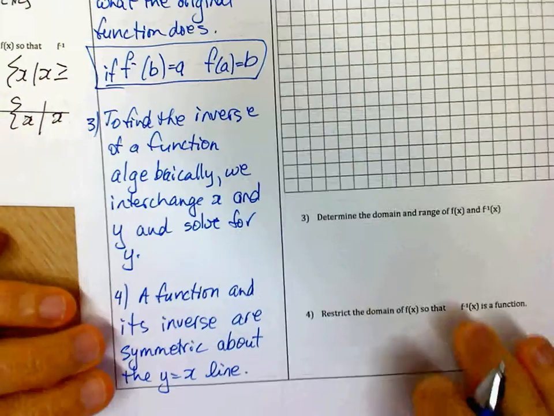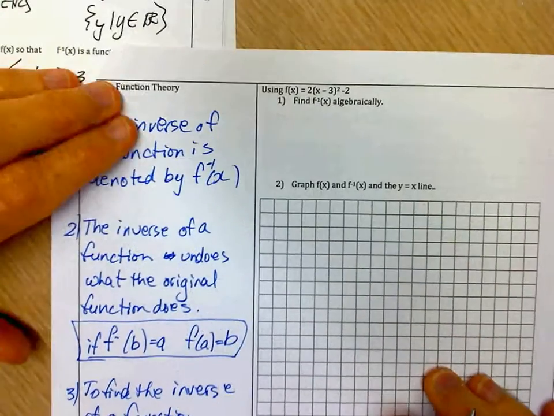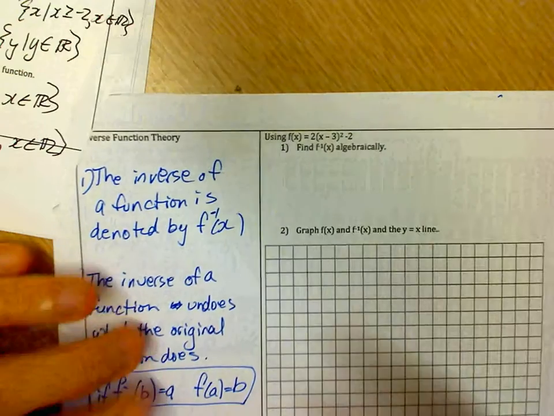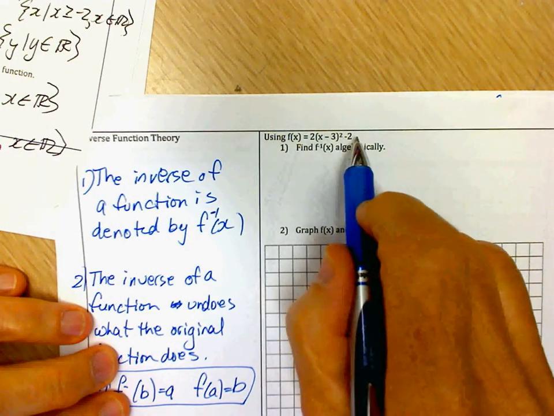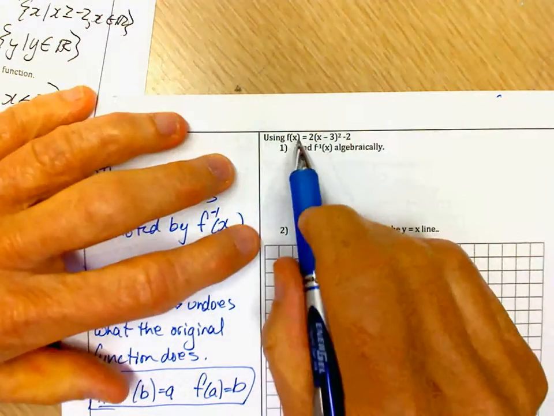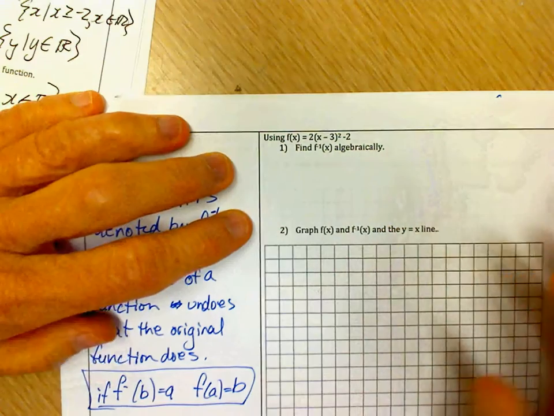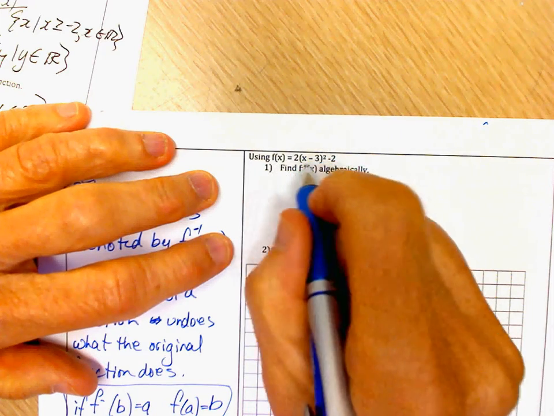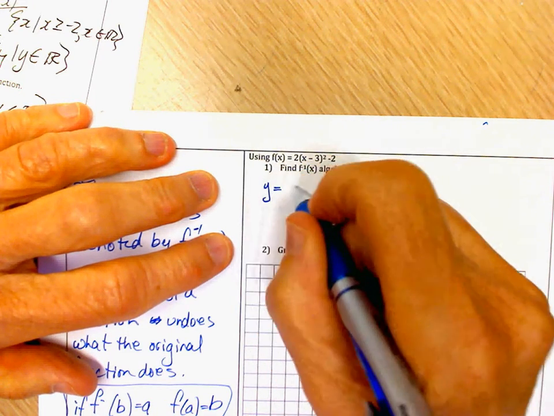So as it says in point number 3, if we want to find the inverse of this quadratic function algebraically, we're going to interchange x and y and solve for y. But first, to make our calculations easier, I'm going to replace f of x with y. Now I'm going to interchange x and y.